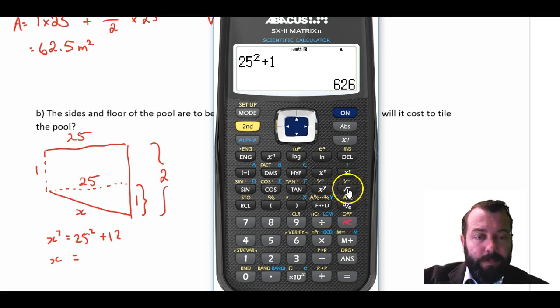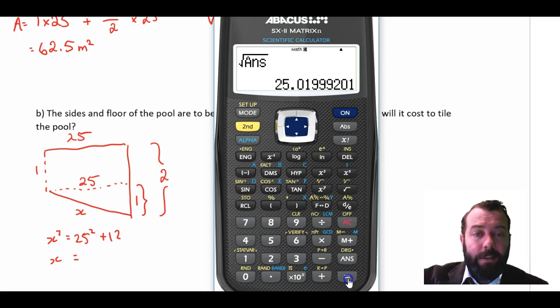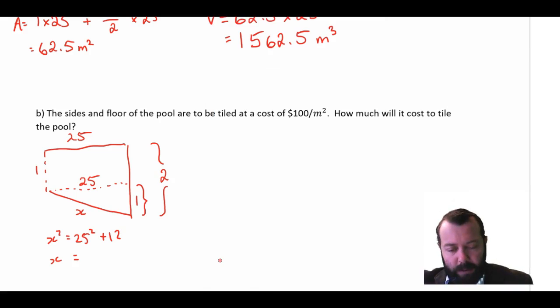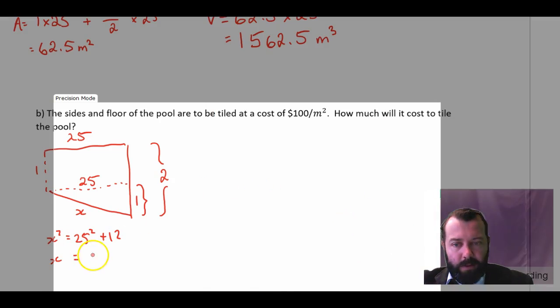But nonetheless, the square root of the last answer is 25.02. Quite close, 25.02. Now that might just be enough to have some impact on the answer. So 25.02 meters.